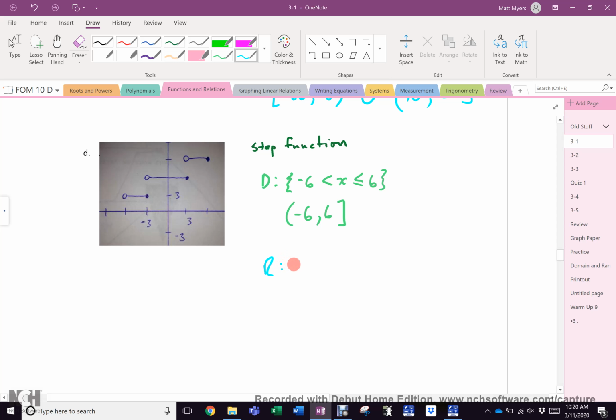All right, what's the range? Soft bracket, -3. You cannot put a soft bracket. Soft brackets only work when there is a line. 3, 6, 9. Only. Because we only care about y values. All of these x values give me a y value of 3. All of these x values give me a y value of 6.